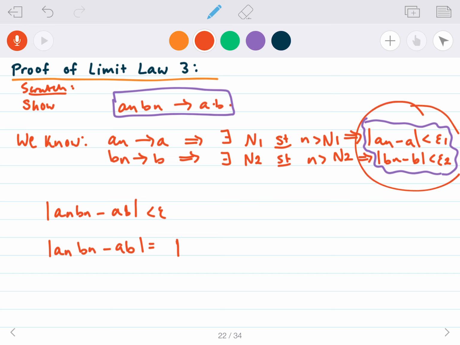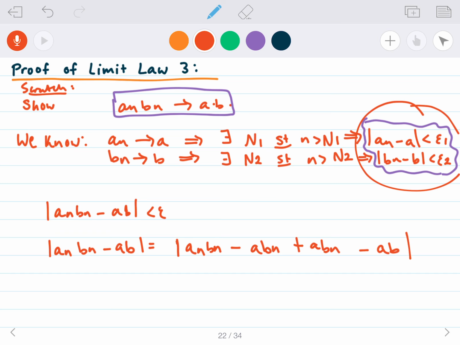And so I'm going to say this is the same thing as a_n b_n minus a b_n plus a b_n minus ab.